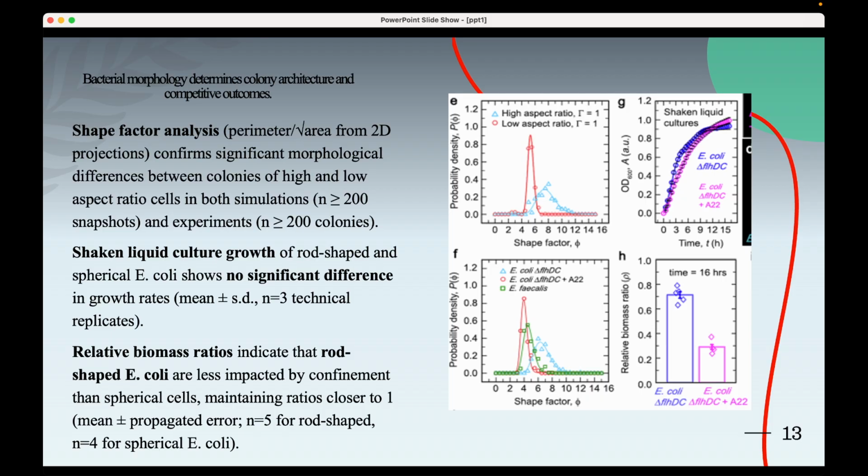Shaken liquid culture growth of rod-shaped and spherical E. coli shows no significant difference in growth rates. Relative biomass ratios indicate that the rod-shaped E. coli are less impacted by confinement than spherical cells, maintaining ratios closer to 1.